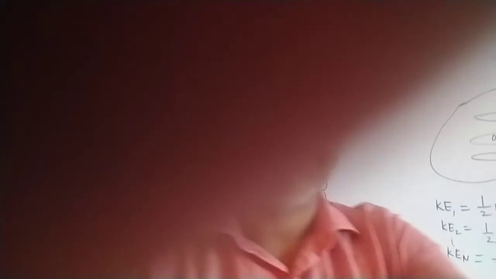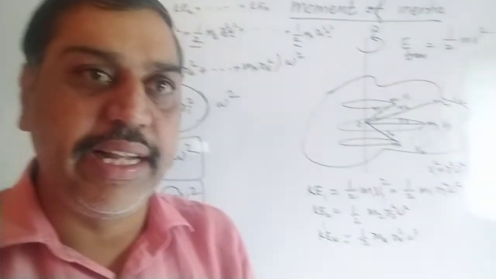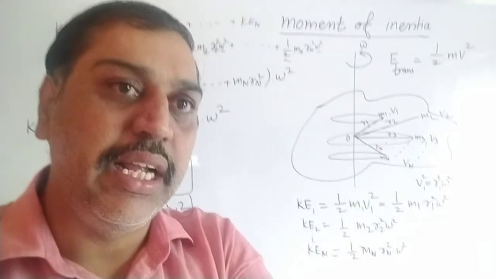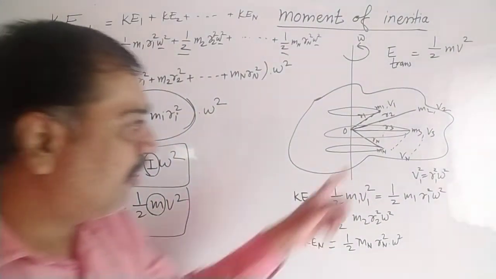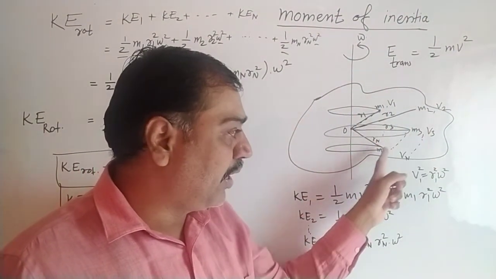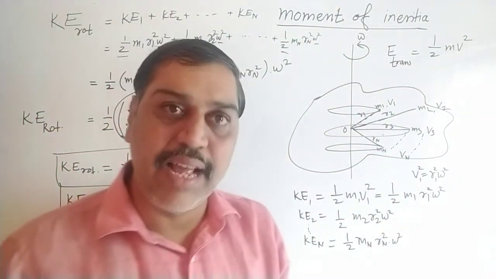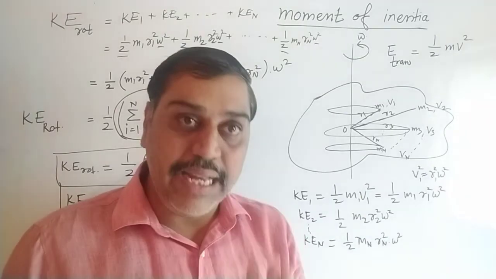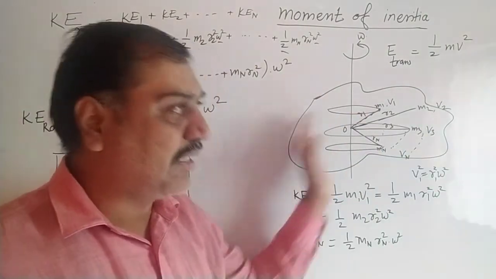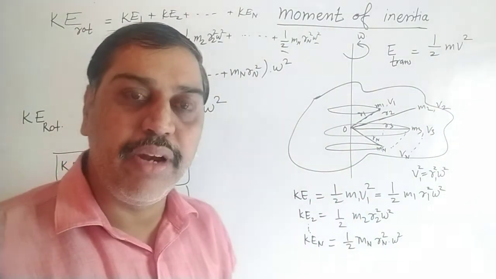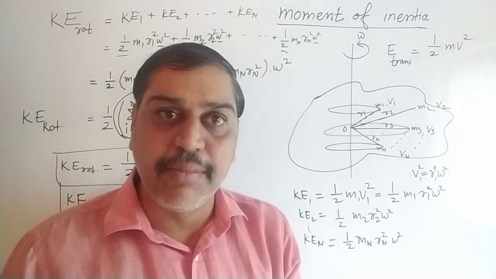Now remember, before going further in detail, just see this diagram. In this diagram, we have considered masses m1, m2, m3, m4, and so on up to mn. The body consists of n number of masses. But if we have another type of body, in that body it is not possible to distinguish the masses.